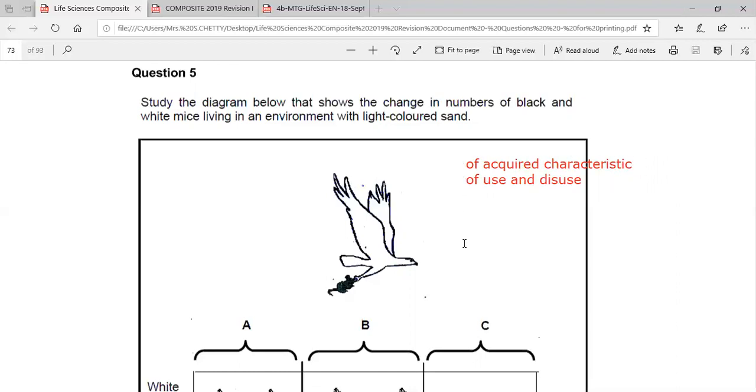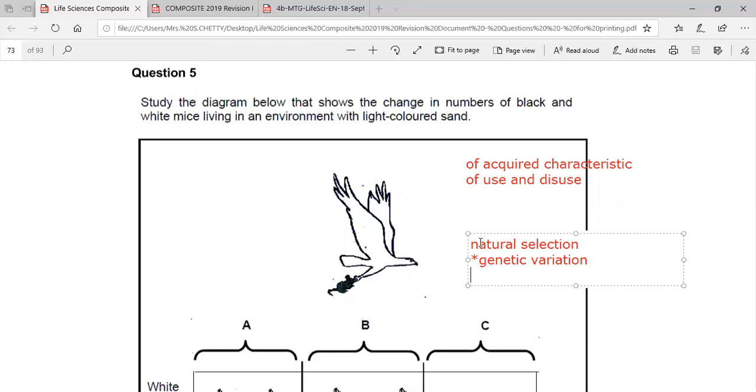And then we looked at Darwin and his theory of natural selection. Now here we said very importantly, we've got to state the genetic variation. So the genetic variation that exists will give rise to the physical variation, isn't it so, my darlings?